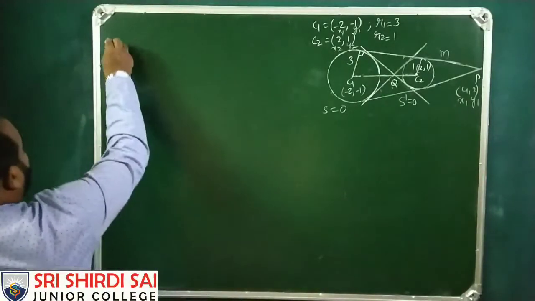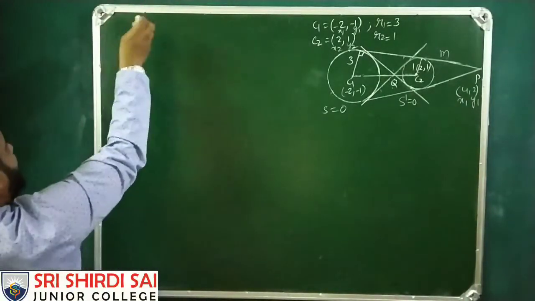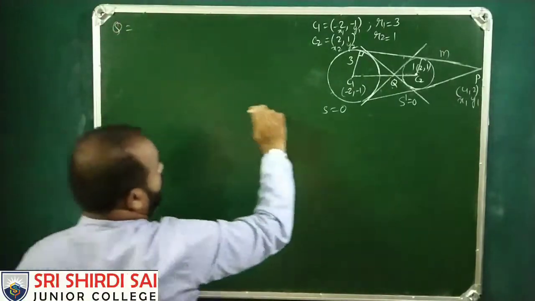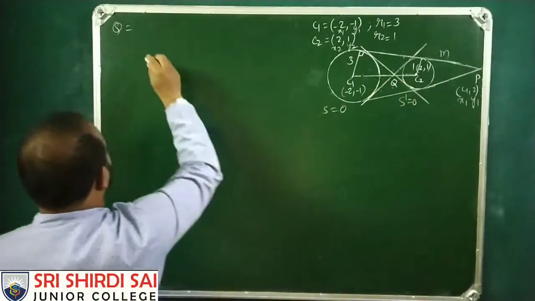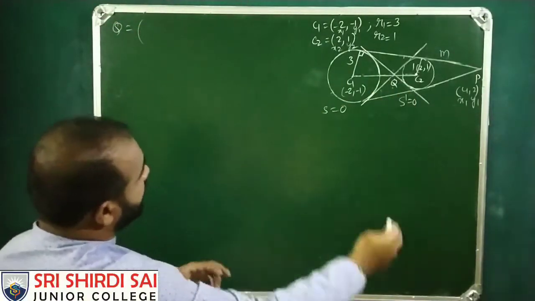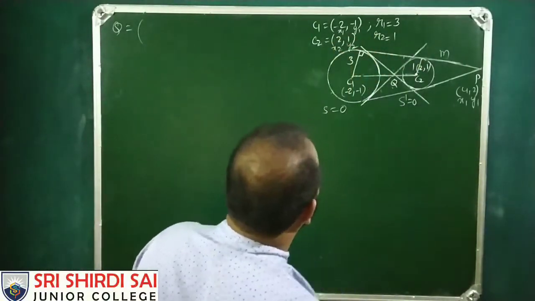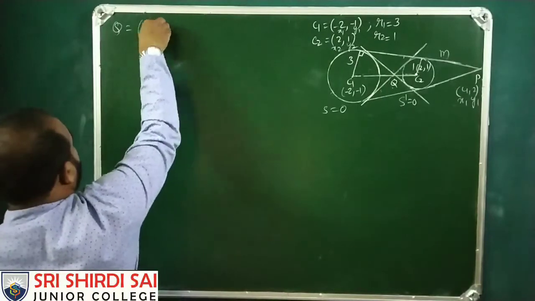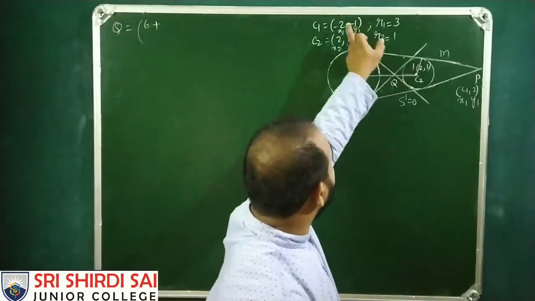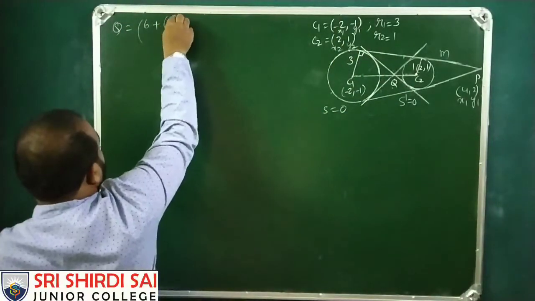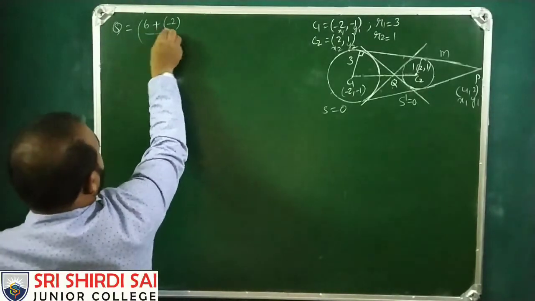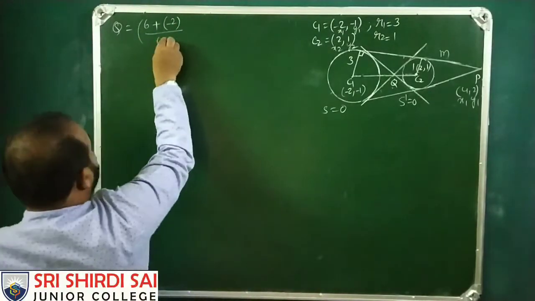So let Q, already we have taken, therefore Q is equal to what? The internal center of similitude: (R1x2 plus R2x1) by (R1 plus R2). R1x2 is 3 into 2, 6, plus R2x1, 1 into minus 2, by R1 plus R2, 3 plus 1, 4.